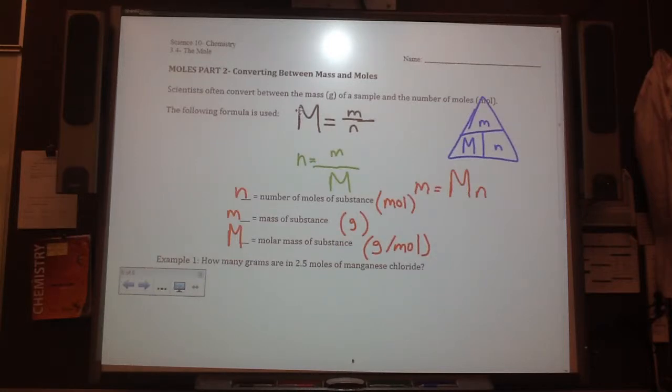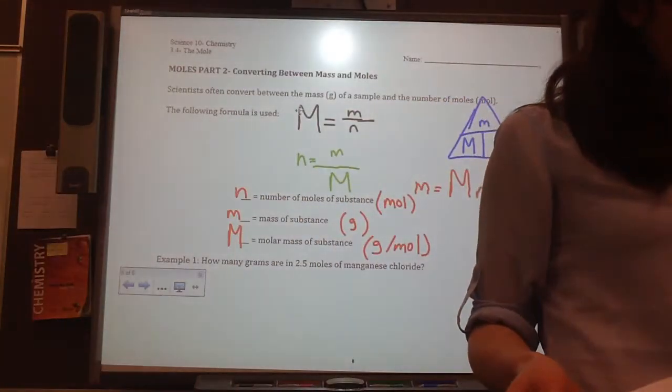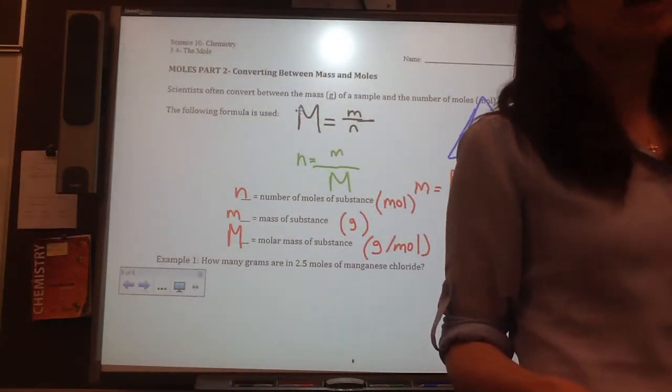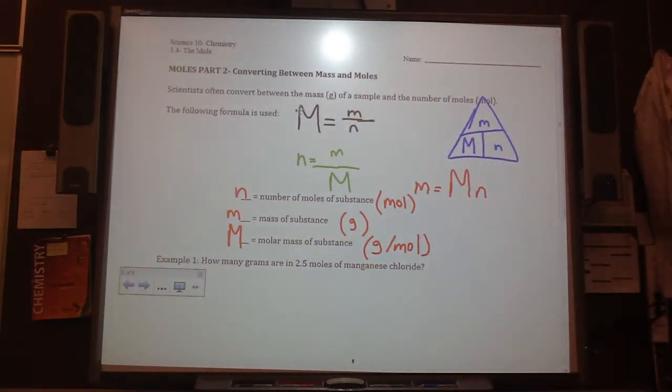When you're writing, if it's 5 moles, would you write M-O-L-S or M-O-L-E-S? No, you just write it as MOL. It's like a unit. If you have more than 1 gram, you don't write GS. Think about it as just a unit, not like a word.